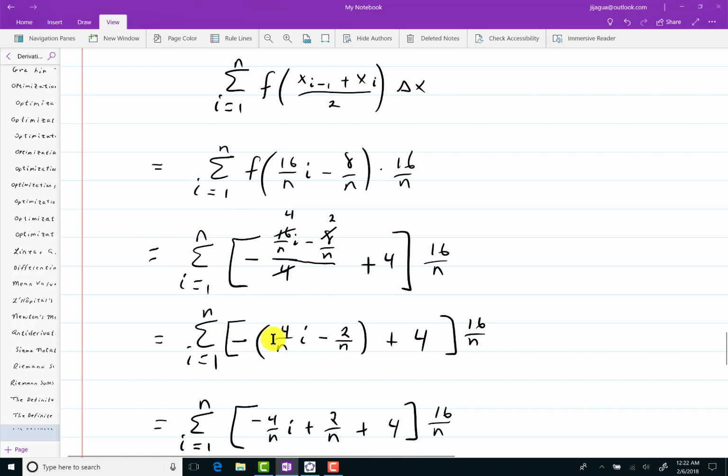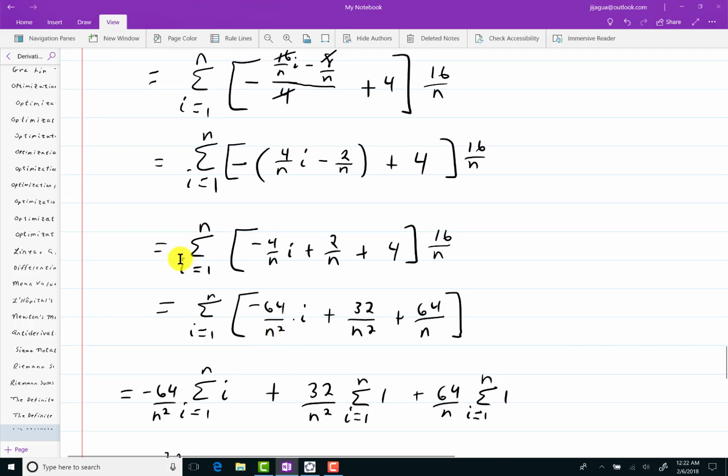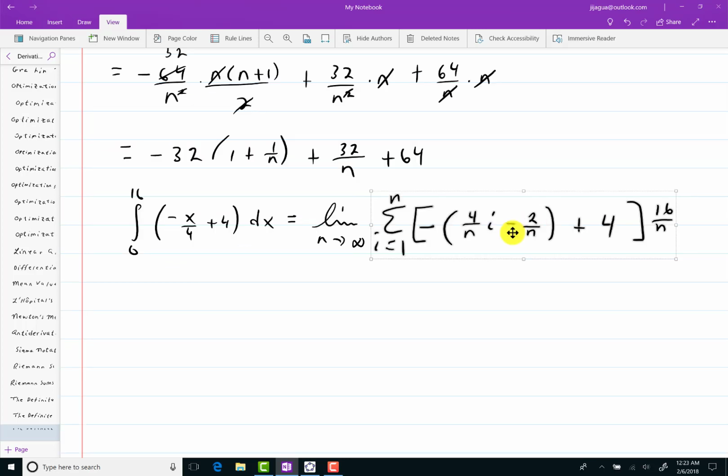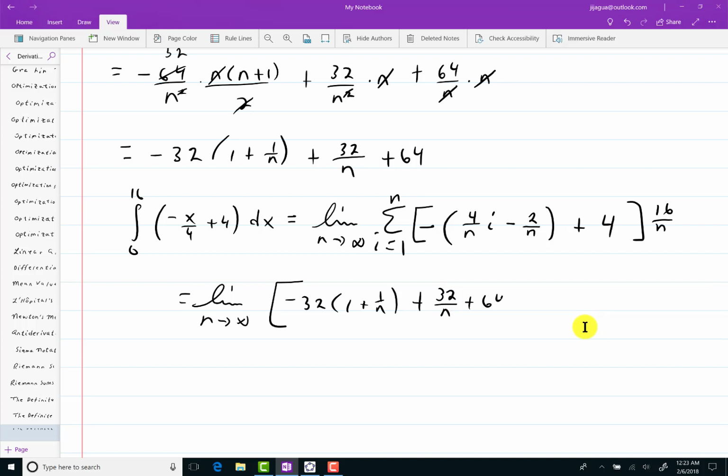I think I will do this one right here. And we see that equals that. This equals this last line here. That equals the limit as n goes to infinity of negative 32 times 1 plus 1 over n plus 32 over n plus 64.